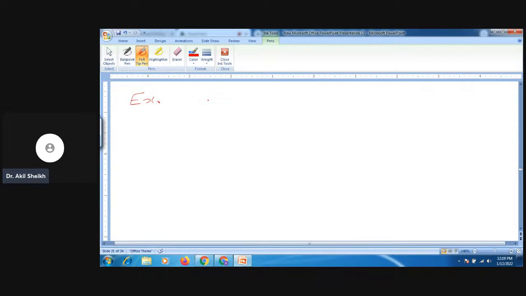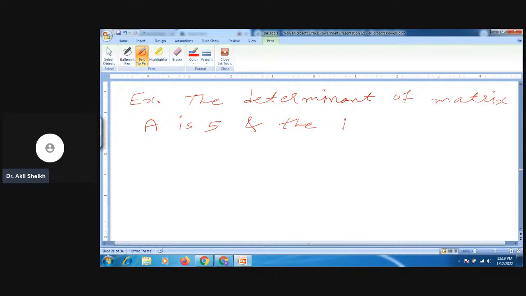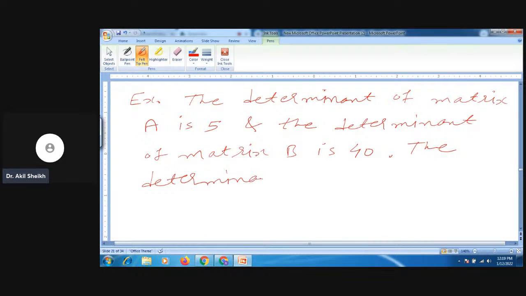The determinant of matrix A is 5 and the determinant of matrix B is 40, then the determinant of matrix AB is.